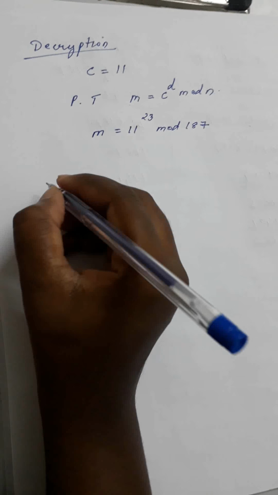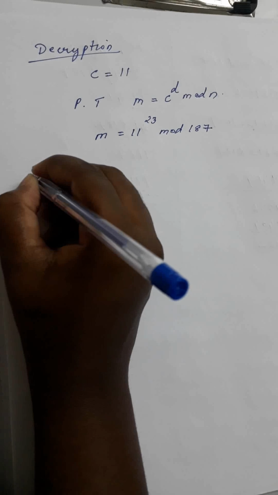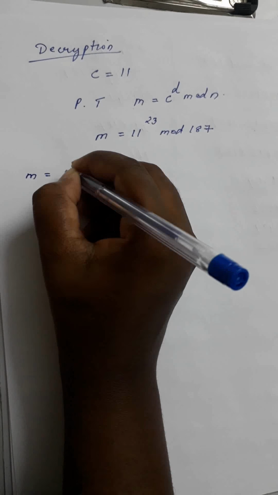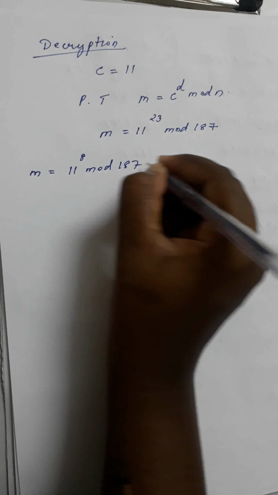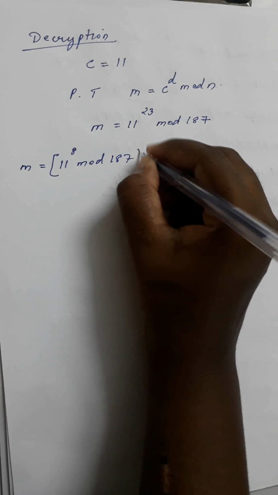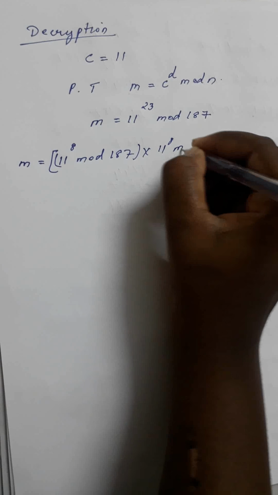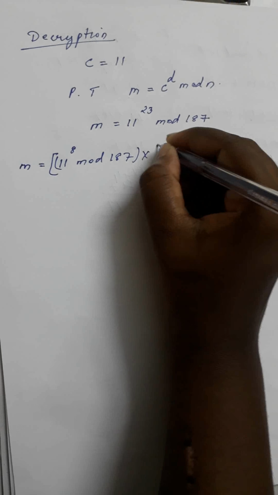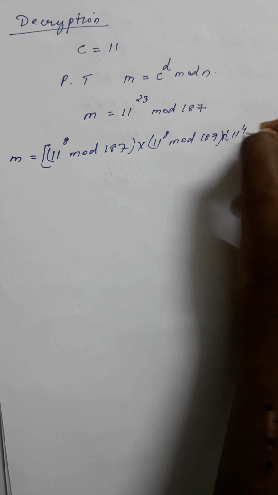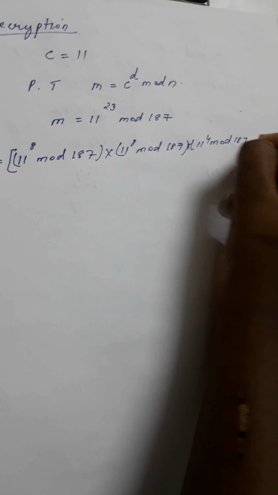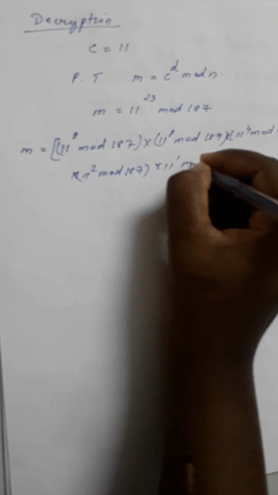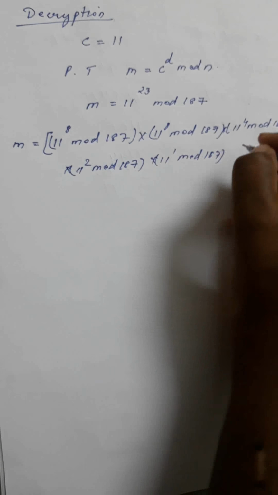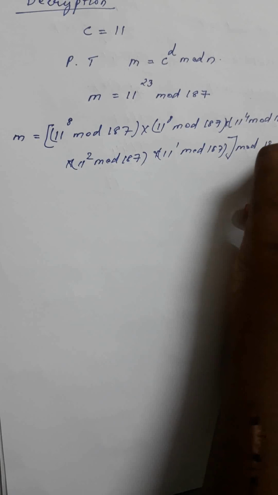Now as we have done before, let us make it into small numbers so that it is easy for the calculation. 11 power 8 mod 187 into 11 power 8 mod 187 into 11 power 4 mod 187 into 11 power 2 mod 187 into 11 power 1 mod 187, into mod 187.